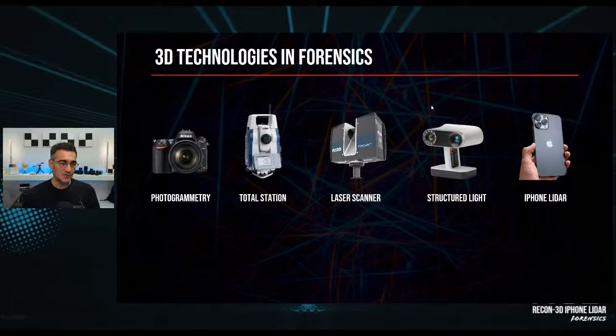But I put these in order from left to right in sort of chronology. And photogrammetry, the first one on the left, is actually the oldest technology of all of these. Now, of course, modern day or digital photogrammetry is something new. But the roots of photogrammetry date back to the 1850s, a very, very long time ago.